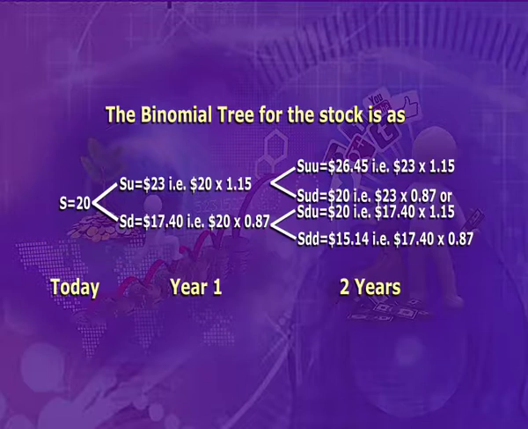SDU would be $20, that is $17.40 into 1.15, and SDD would be $15.14, that is $17.40 into 0.87. From this, the values of the call option in each of the possible outcomes can be determined.